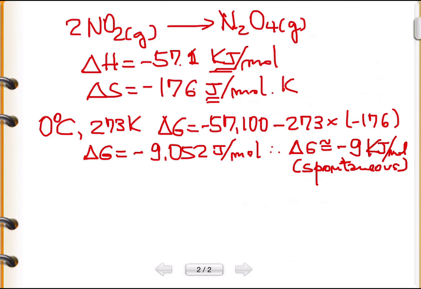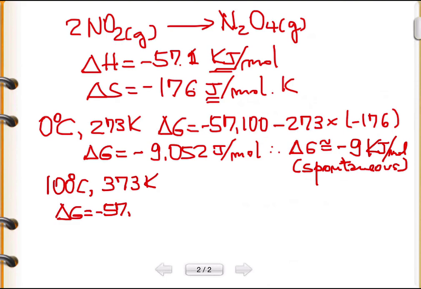But if we change this temperature, for example, and conduct this reaction at 100 Celsius, which would be 373 Kelvin, the delta G now is going to be equal to minus 57,100 minus 373 multiplied by minus 176.